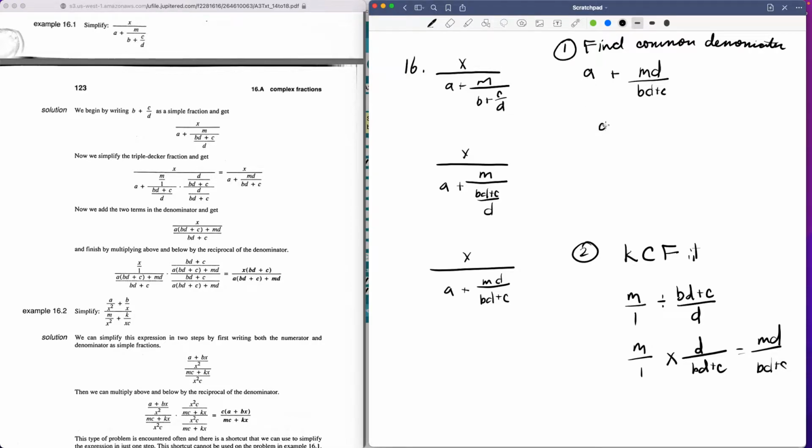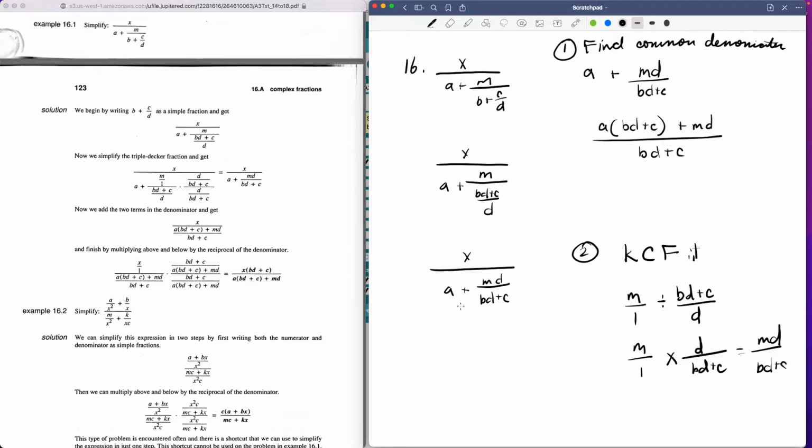So a times bd plus c plus md all over bd plus c, right? That is our value here, right? Or our new denominator.